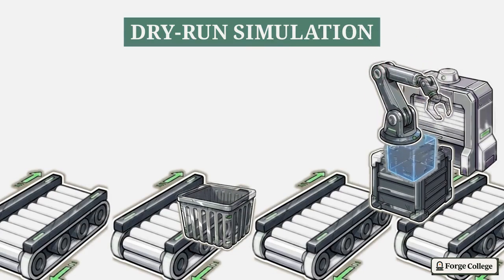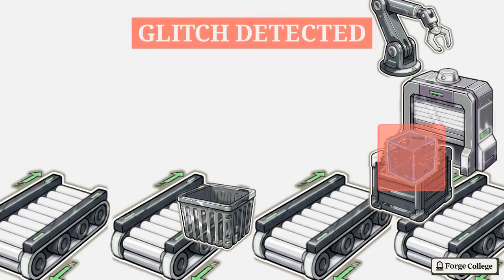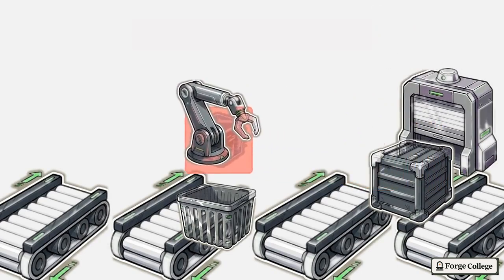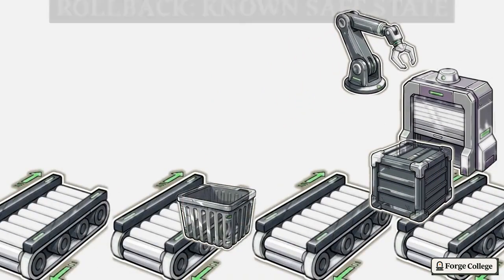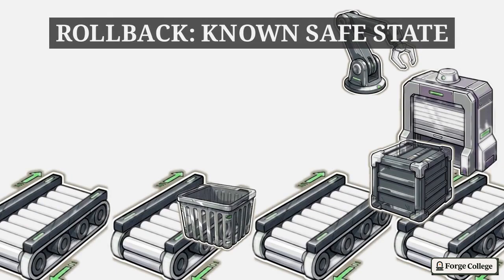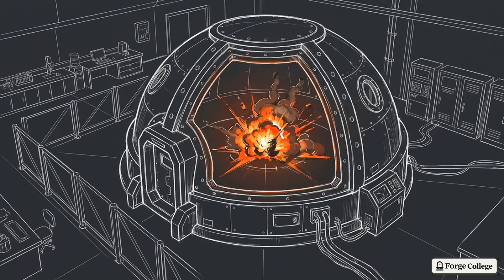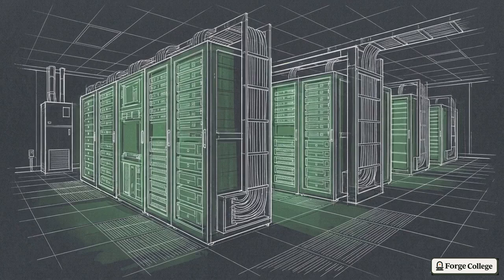If the simulation detects a glitch, the hologram flashes red. A mechanical arm swiftly sweeps it into a recycling bin, immediately resetting the assembly line. This is a rollback, a safety ejector seat that instantly reverts the process to a known safe state. These safety nets drastically limit the blast radius of any failure. Because of dry runs and rollbacks, your integration never gets stuck in a broken, half-deployed state.